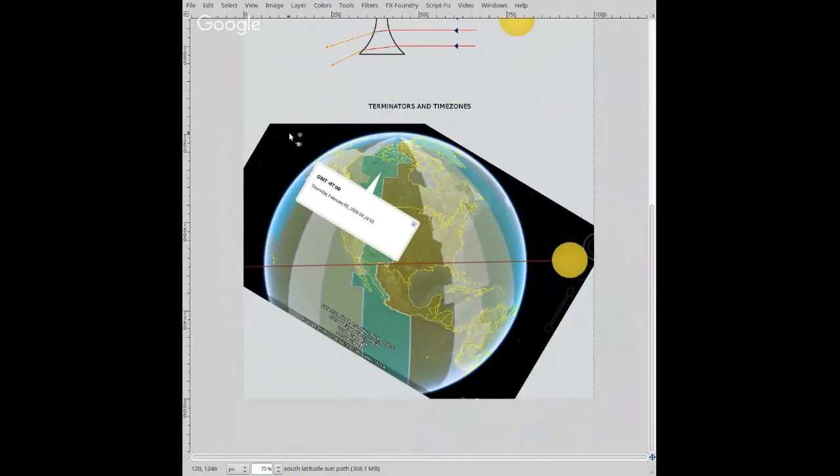I had to take a picture that I found in Google Images and slant it so it would match our parallel sun. I didn't rotate it quite enough. You can see it's a little slanted. But the point is, this globe has time zones imposed upon it.